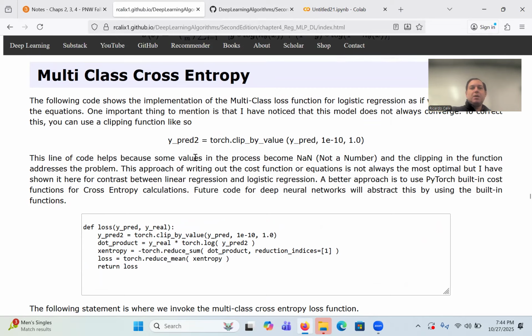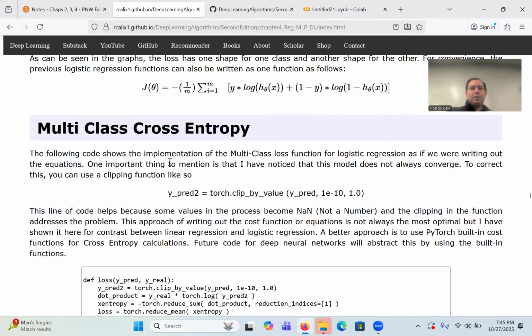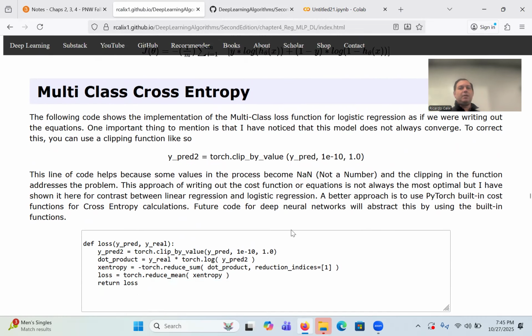So here, one important thing to mention is that I have noticed that this model does not always converge. When you write out the equations, to correct this you use tricks like clipping and things like that, to avoid not a number, which can happen.